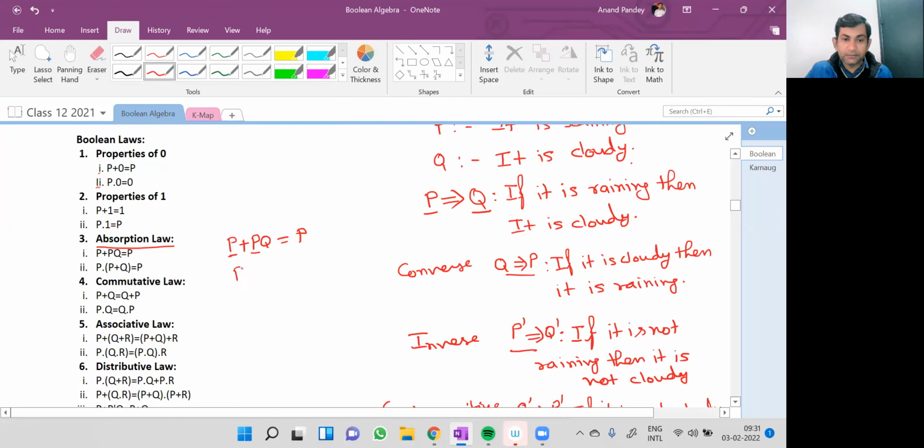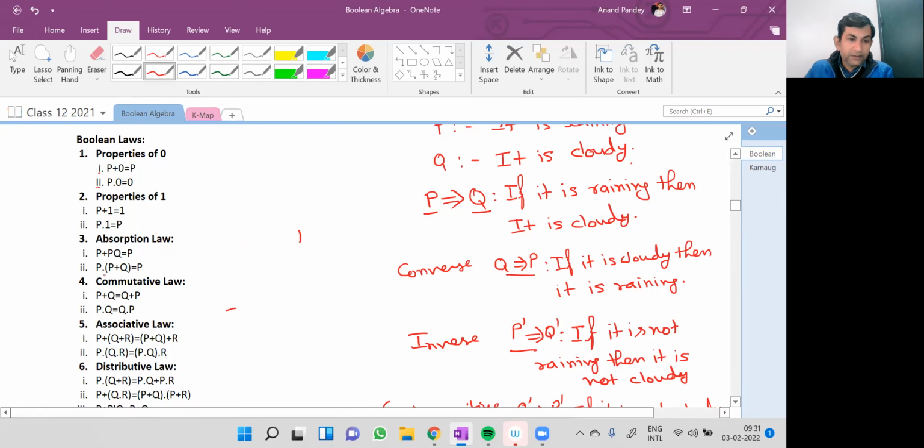If you take common P, plus 1 plus Q, right? And can you tell me 1 plus Q will be what? 1. So P dot 1 will be what? P. So this is absorption law. P plus PQ equal to P. Derivation या proof करने को नहीं आता. You have to learn that laws only.